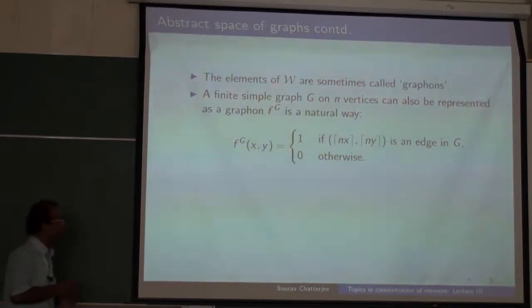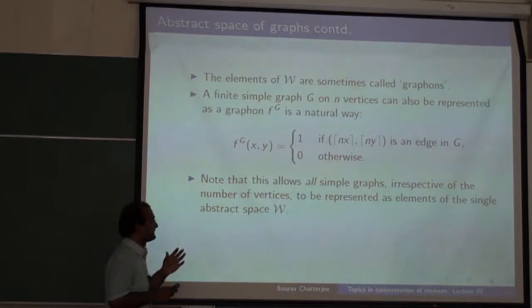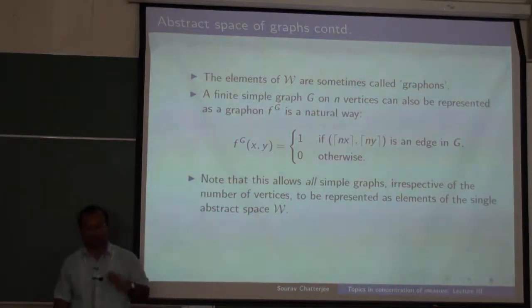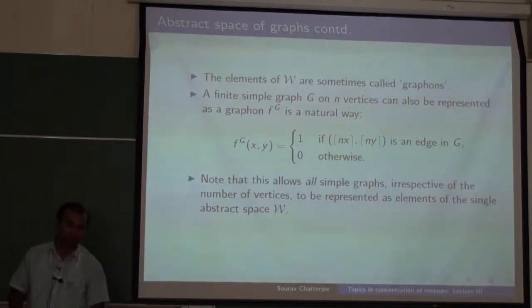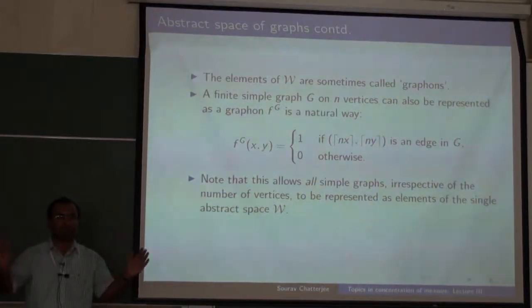A very simple notion. This allows all simple graphs, irrespective of the number of vertices, to be represented as elements of a single space. Just think of the analogy that you take finite sets of real numbers. You can have various finite sets of real numbers of various sizes, but each of them can be viewed as, for instance, a probability measure on the real line.